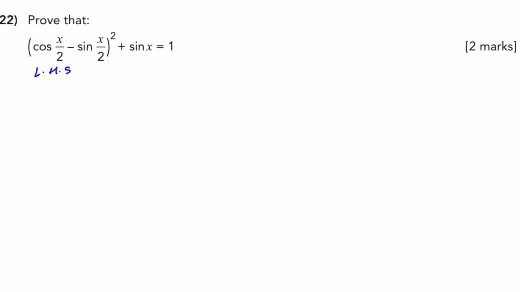So this is going to be our a and this will be our b. The identity is a minus b square is equal to a square minus 2ab plus b square. For expanding the brackets, it's easier if you know the identity.